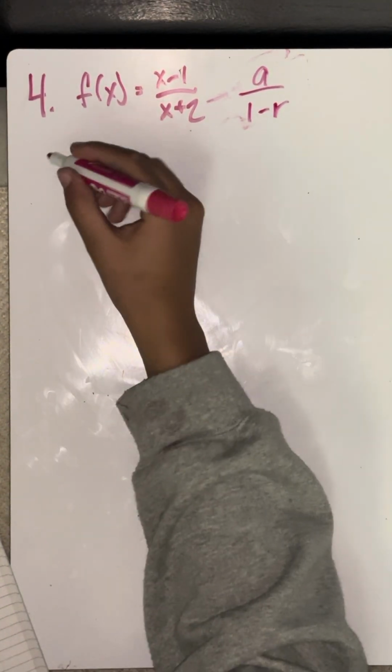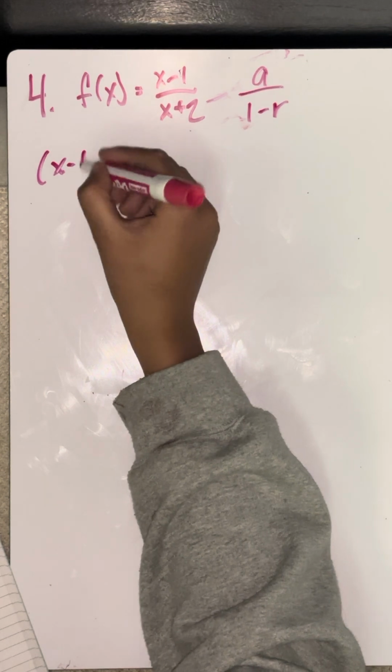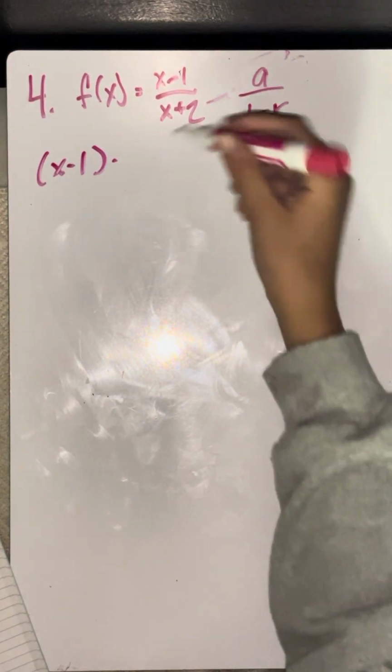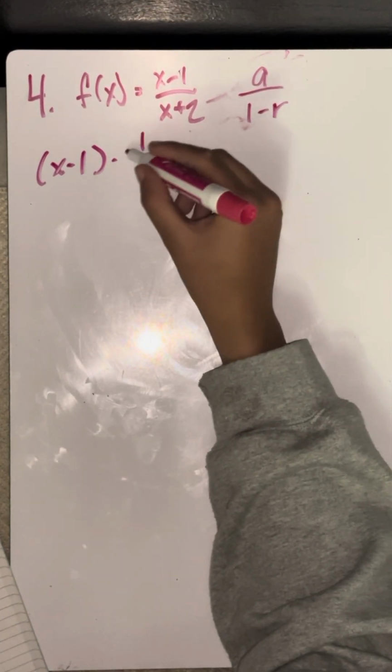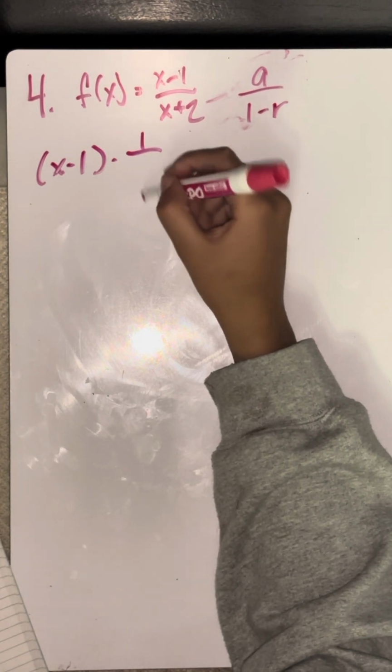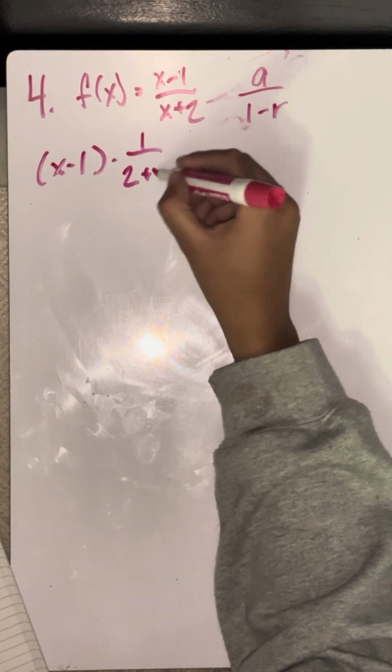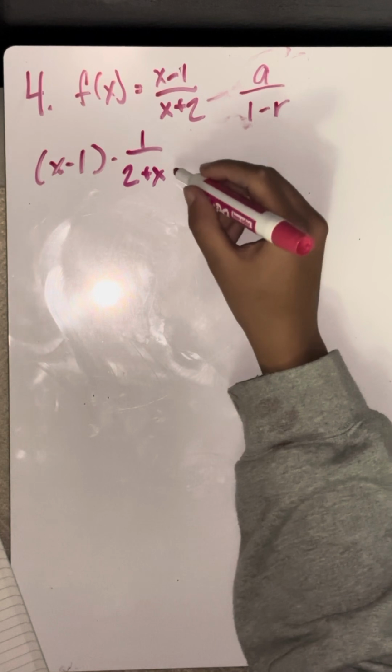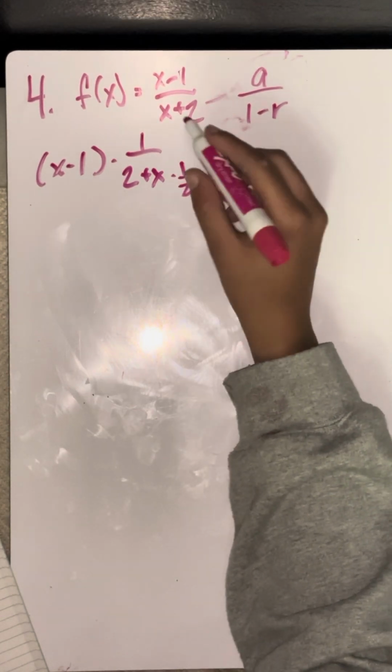So do x minus 1 times the reciprocal, so 1 over x plus 2, because we can flip those because they're addition, multiplied by 1/2.